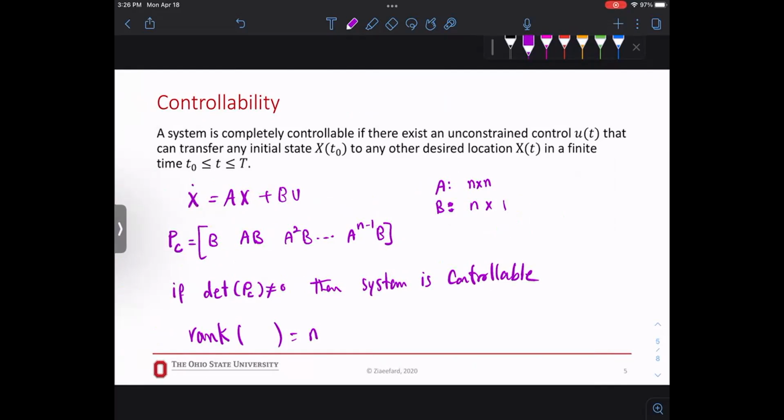Can you tell if it's going to be controllable or not based on their value? Trying to figure that out. It is n.